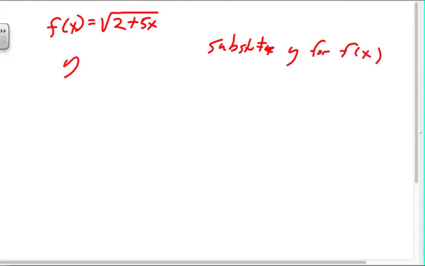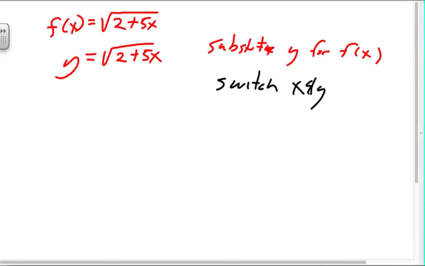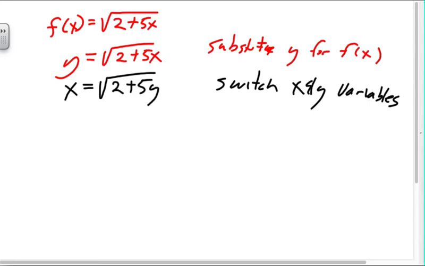I'm going to end up with y equals square root of 2 plus 5x. All right, so let's do a different color. Now we're going to switch x and y variables. Just switch the variables, not switch coefficients. So when I do that, I end up with x equals square root of 2 plus 5y.